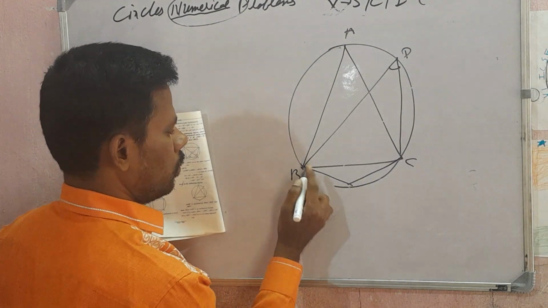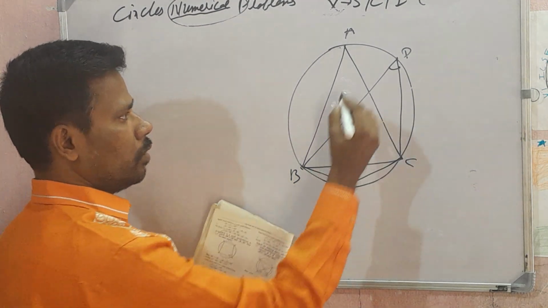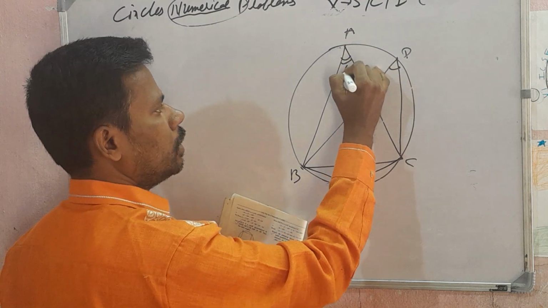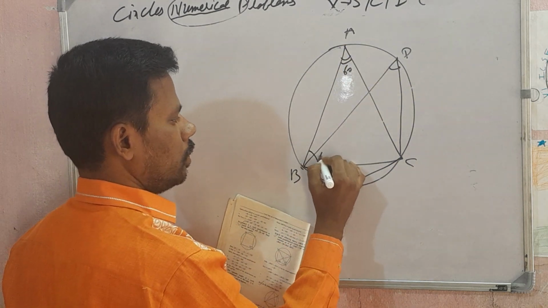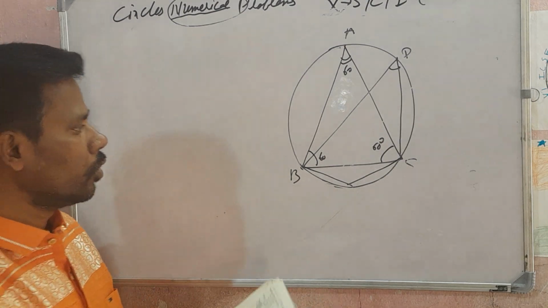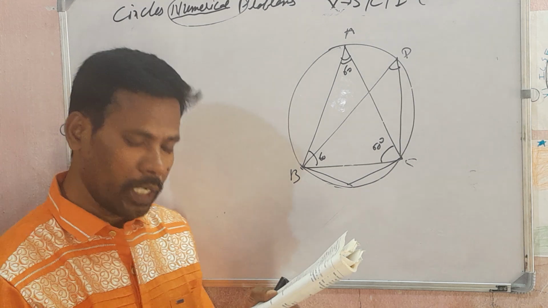How will you do this one? So very simple. Equilateral triangle means each angle is 60, 60, 60, right? So what they are asking: in the following figure ABC is the equilateral triangle, find angle BDC, BEC.